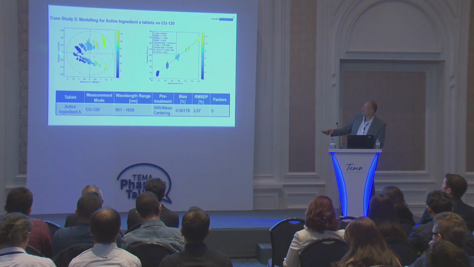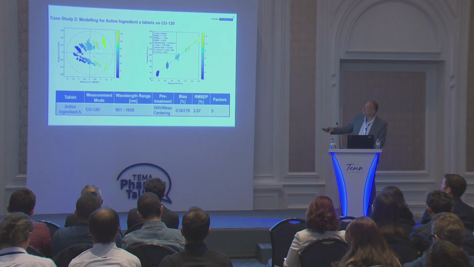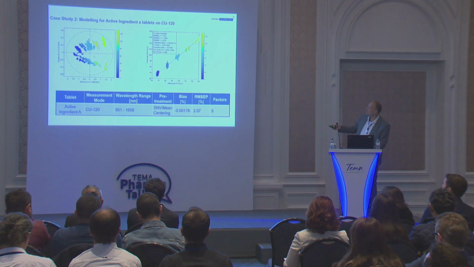So we see here the scores. Here we can very nicely see that we have in the scores a different direction of the API content. And we also see here the measured versus predicted, and we see here the model data. You have the root mean square of calibration, of cross-validation. You have the root mean square of prediction, and so on.